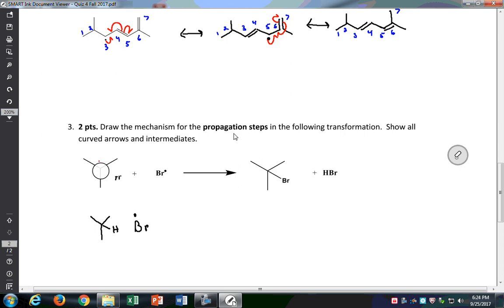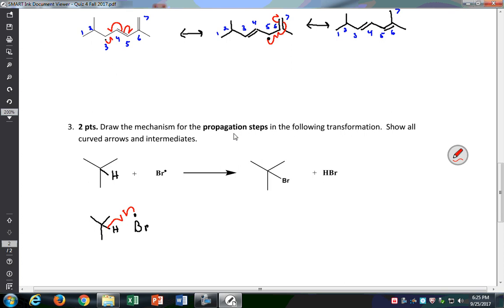Br2 is an okay initiator, at least when we have light or heat. So once that bromine radical forms, then we can have a hydrogen abstraction, where we form a bromine-hydrogen bond by taking one of the electrons from the bond between carbon and hydrogen and the radical on bromine.